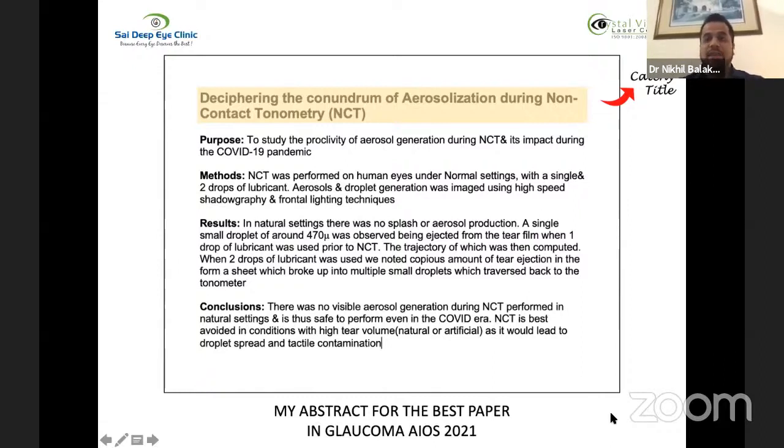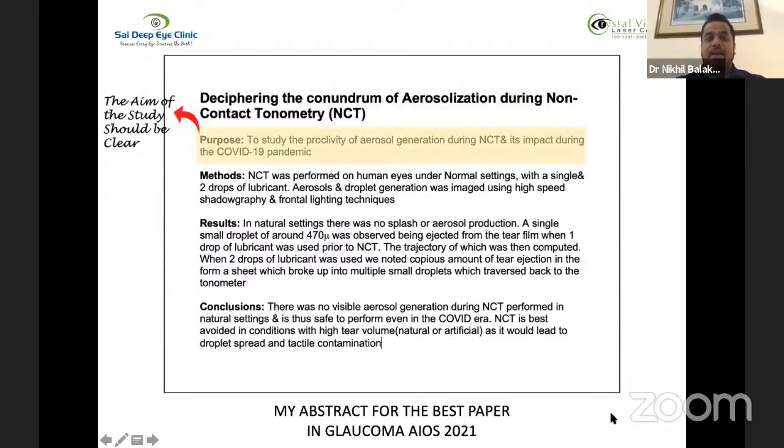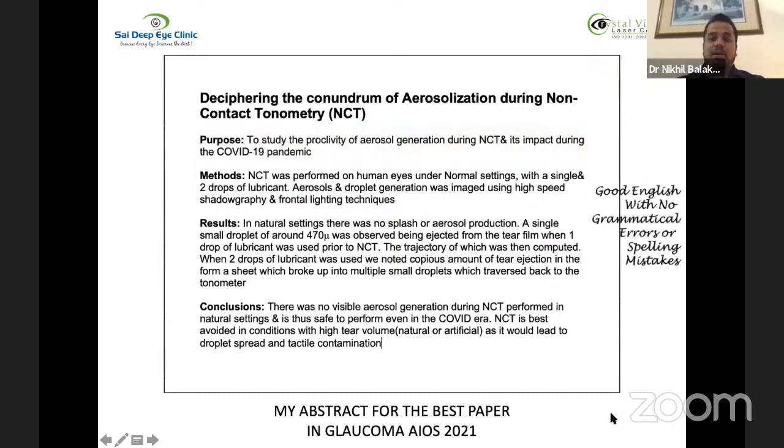One perfect line to explain what you want to get across to the audience has to be through the title. The aim of the study should be very clear. You should not beat around the bush. The exact thing that you want to get out to the audience, the most important part of the study, what is the real purpose of it, should be clearly mentioned in the purpose part.